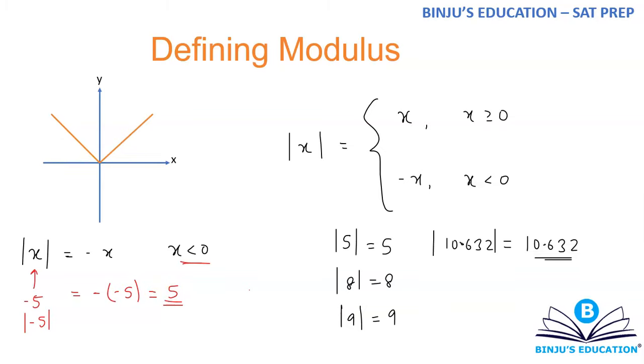So when I say mod of x is equal to minus x, x being less than 0, why is mod of x equal to minus x? The reason is that this quantity is already negative.